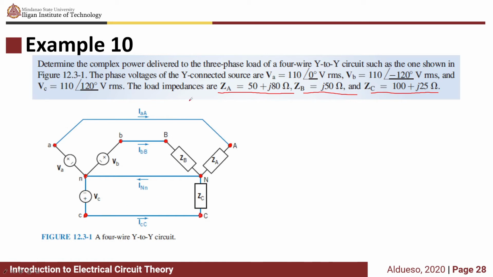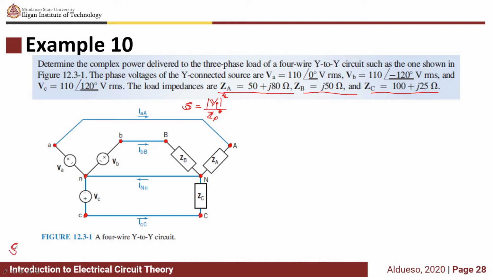So we can use the equation: the complex power for each phase is equivalent to the magnitude of the phase voltage squared over the conjugate of Z phase.